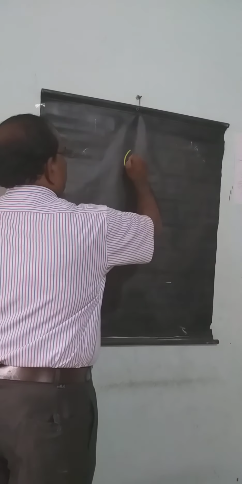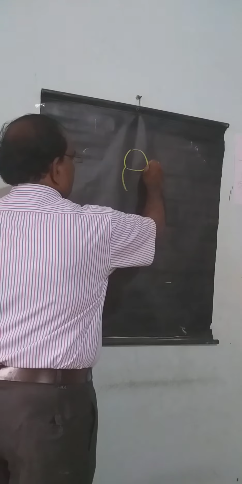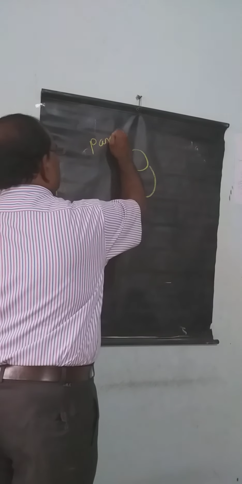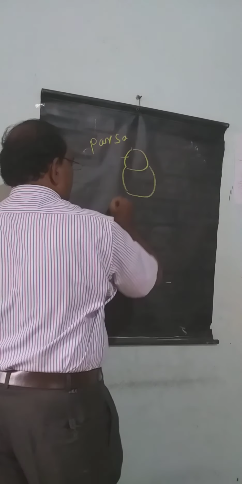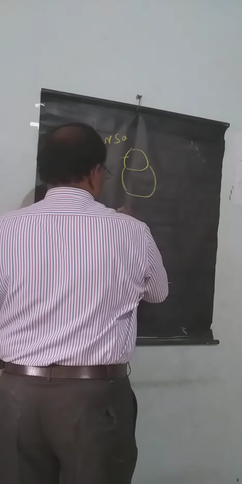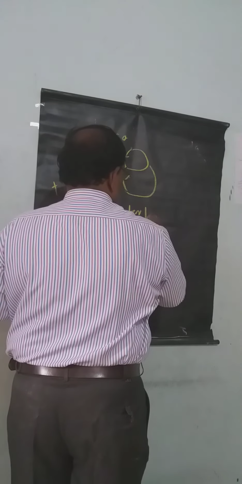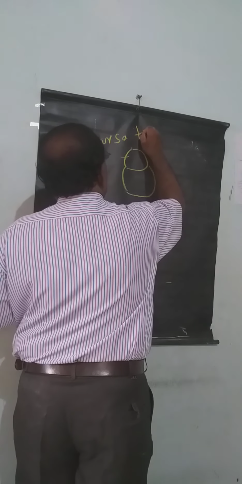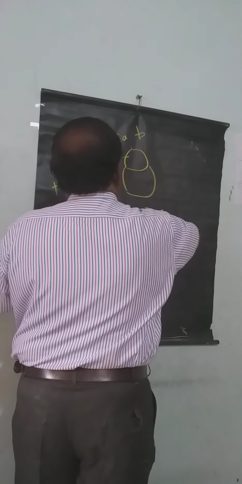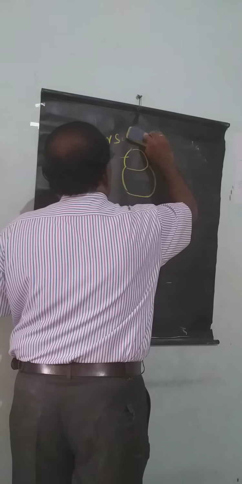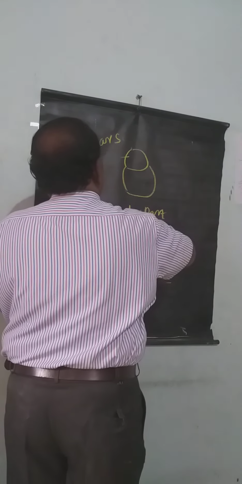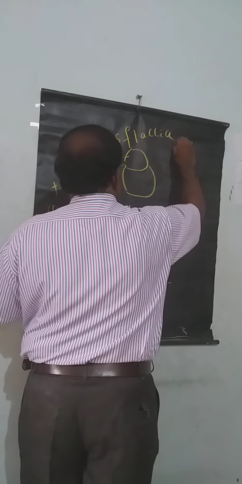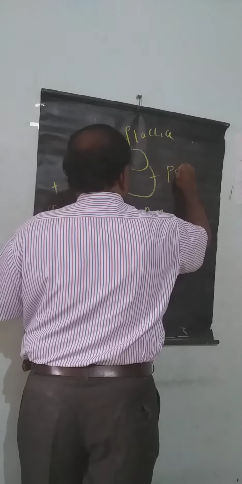The outer part is called pars flaccida, and the other is pars tensa.